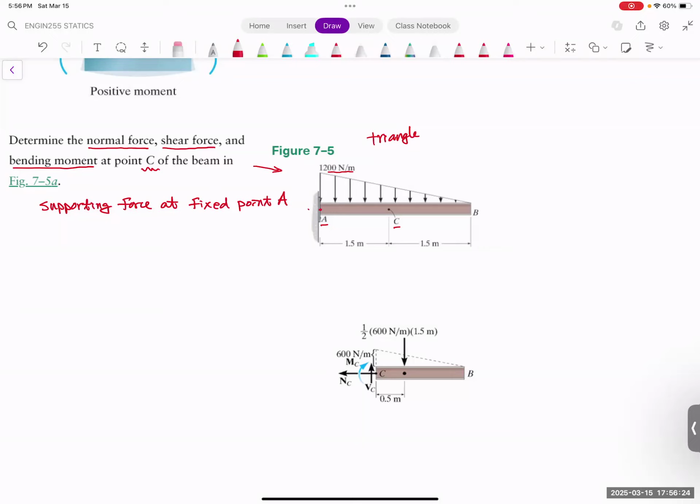When you have a fixed point, you're going to have two forces, in the x and y directions. So this is going to be AY, and this is going to be AX. A fixed point also has a supporting moment, and counterclockwise is positive. I'm going to put MA in the clockwise direction. Again, the direction is arbitrary. You can always change the direction if you find the solution to be negative.